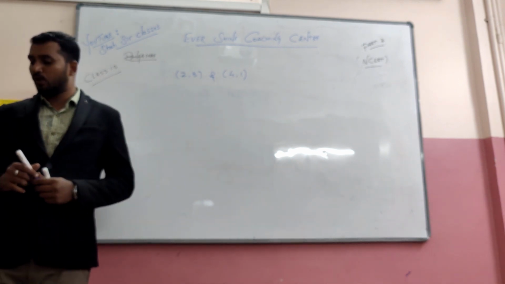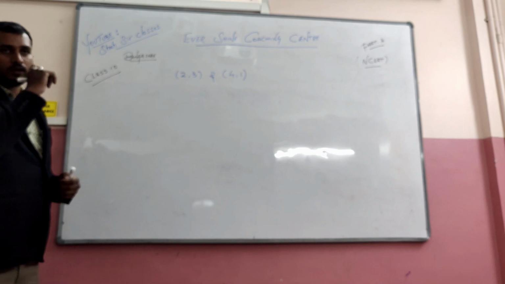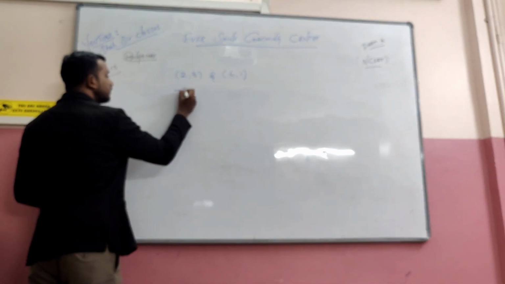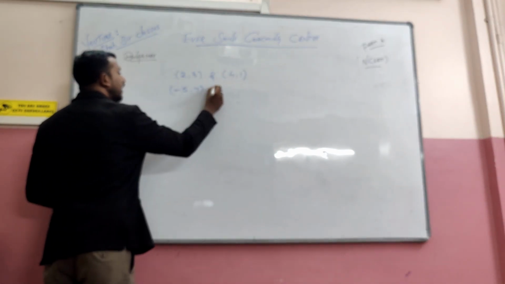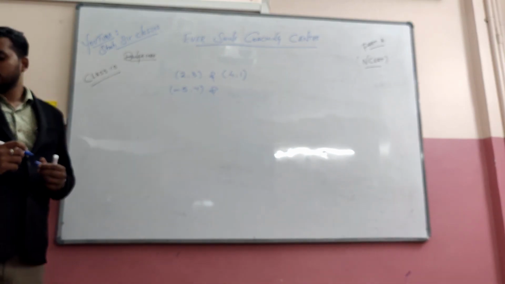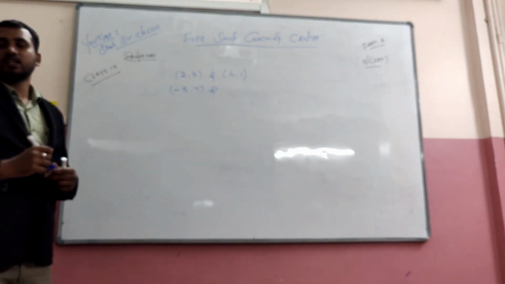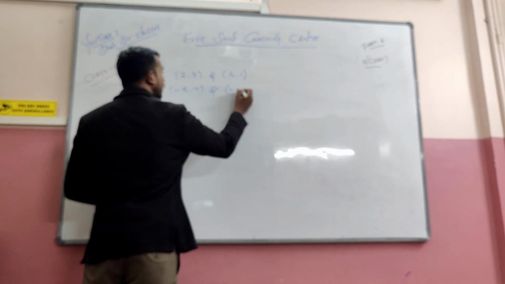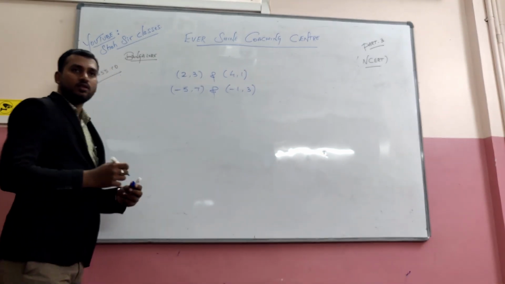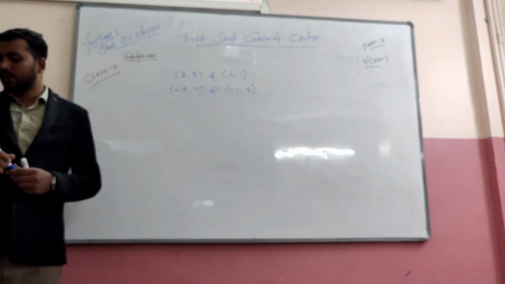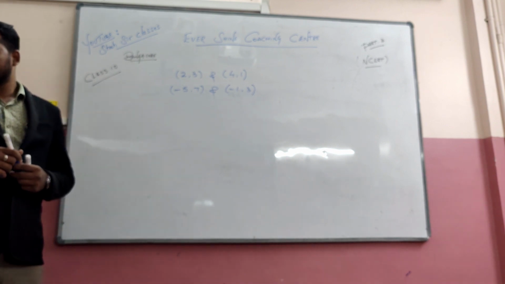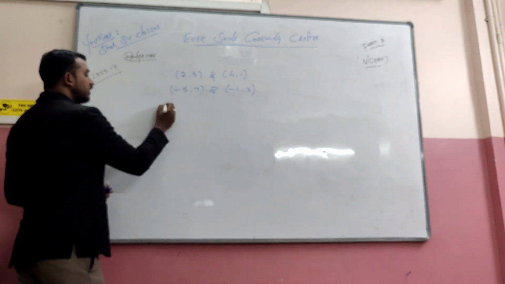And next question, same. Find the distance between the points. Just take down the coordinates. Minus 5, 7 and minus 1, 3. Even you can try with this coordinate. And one more coordinate. A of 2, 3.